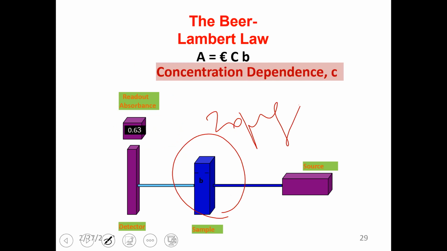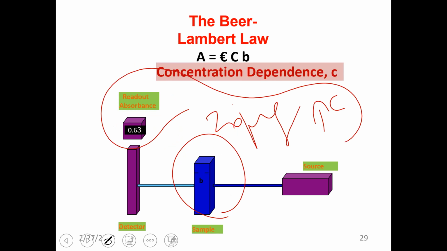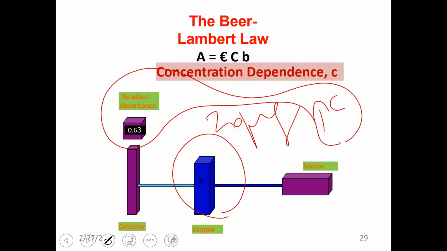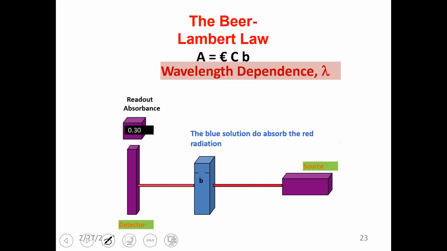In that case, you can see the color intensity is higher. So as the color intensity is more, that shows your concentration is increased. And once your concentration is increased, your absorbance also increases in parallel from the previous case, that is 0.4 to 0.63. So that's how you can study Beer's law, which relates the concentration and the absorbance.